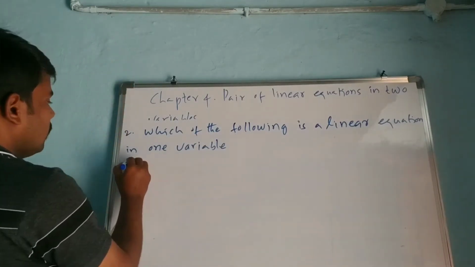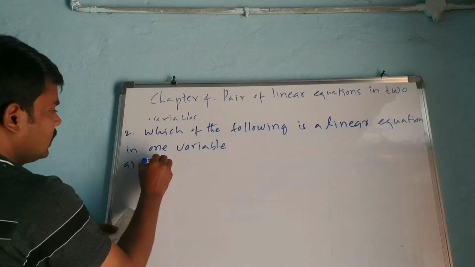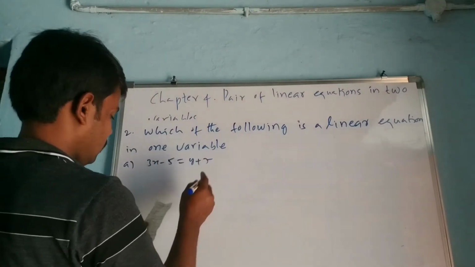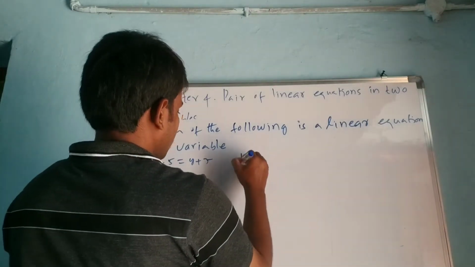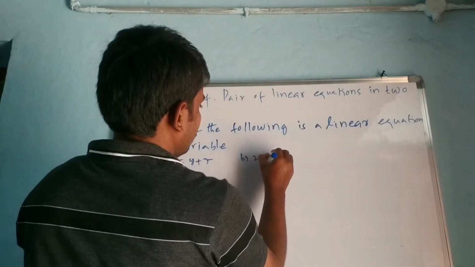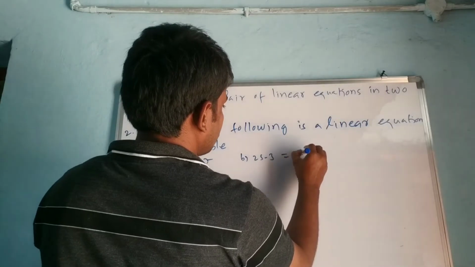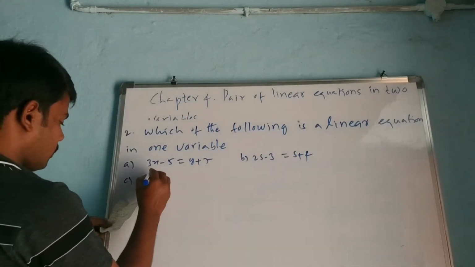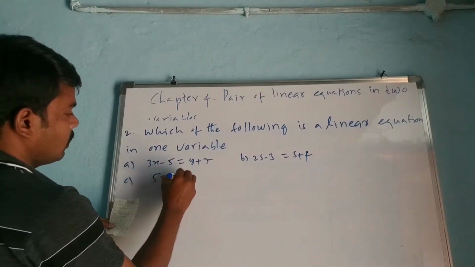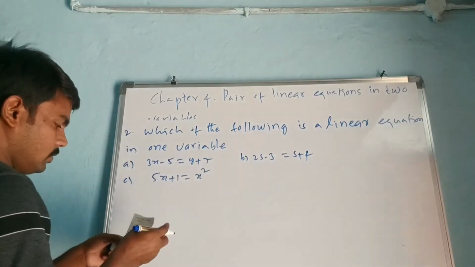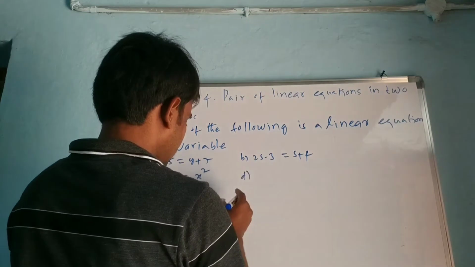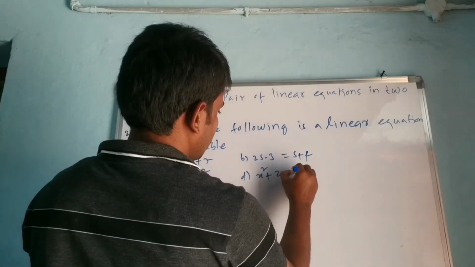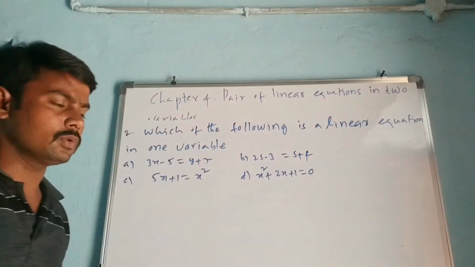Option A, 3x minus 5 is equal to y plus 7. B, 2s minus 3 is equal to s plus 4. Option C, 5x plus 1 is equal to x square. And D, x square plus 2x plus 1 is equal to 0.